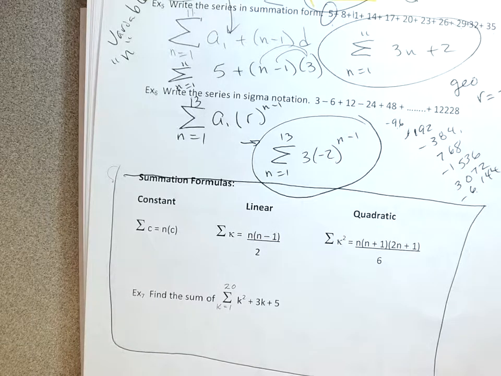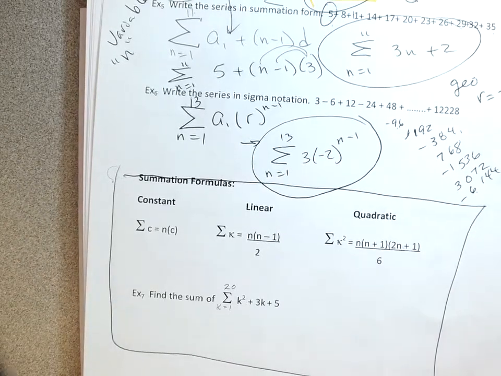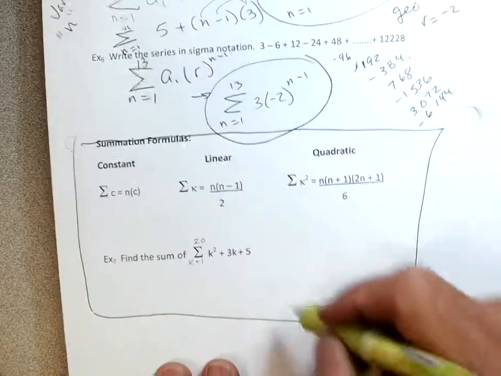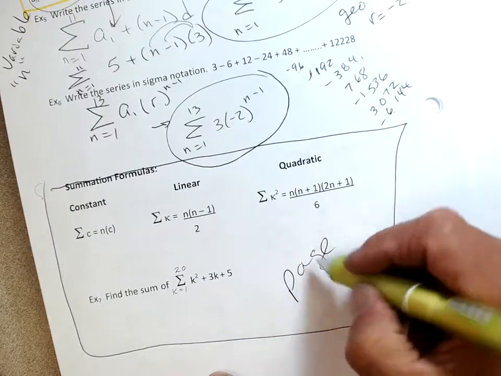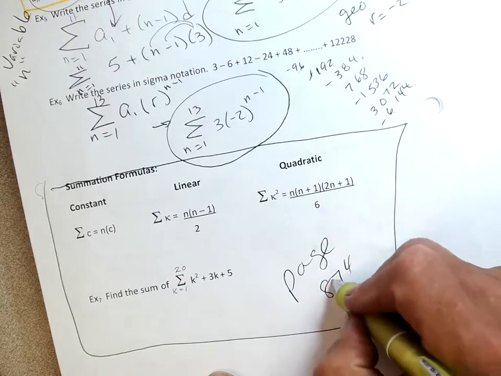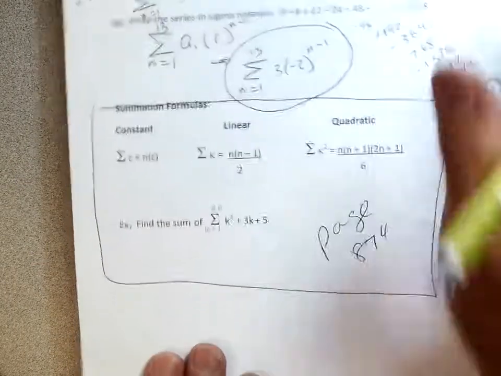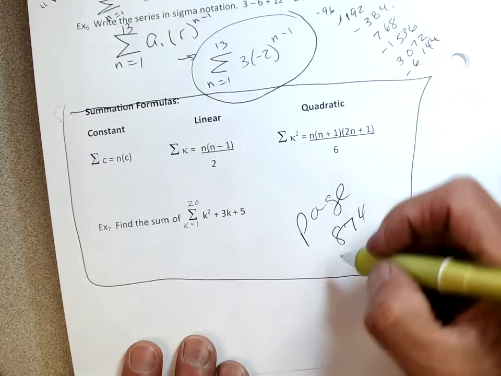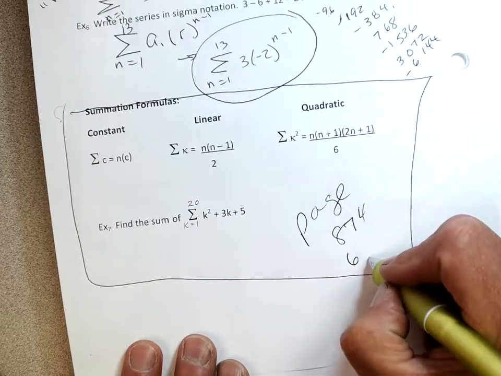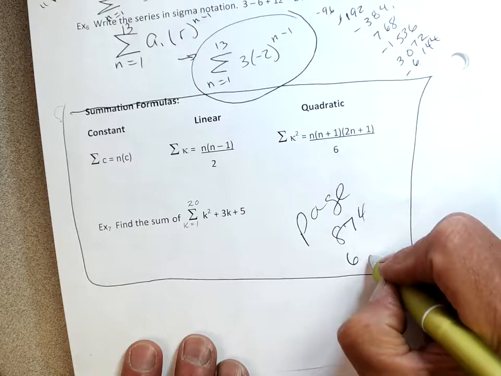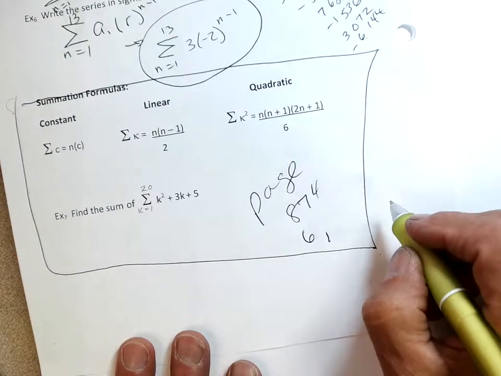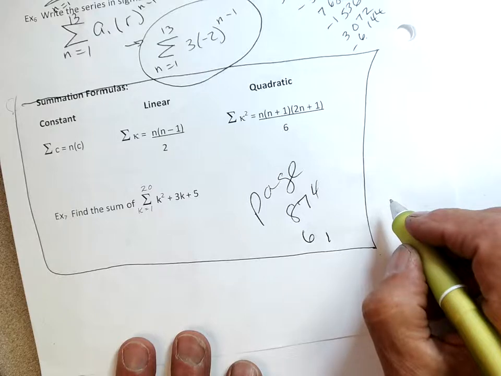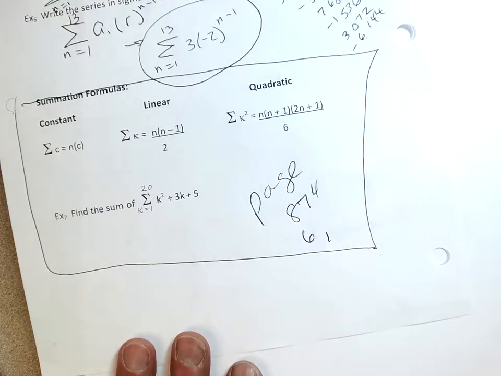Oh, it's not chapter 11. What chapter am I on? Oh, chapter 12. Okay, let's do, all right, let's do page 874. Let's do 6. And, oh boy, I gotta be really selective on these.